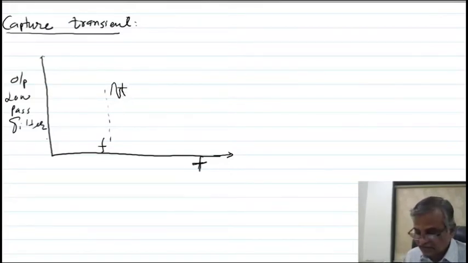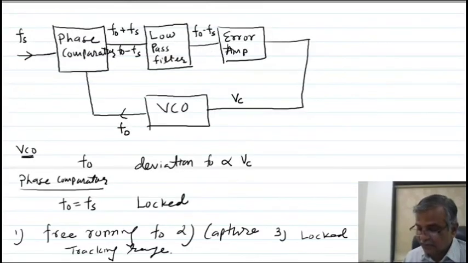And as a result, this small DC voltage is amplified by the error amplifier, and that produces the signal VC. This signal changes the frequency of the VCO towards Fs, and this difference tries to reduce. Once the comparison is made, FO minus Fs is produced, and the high frequency component is removed.